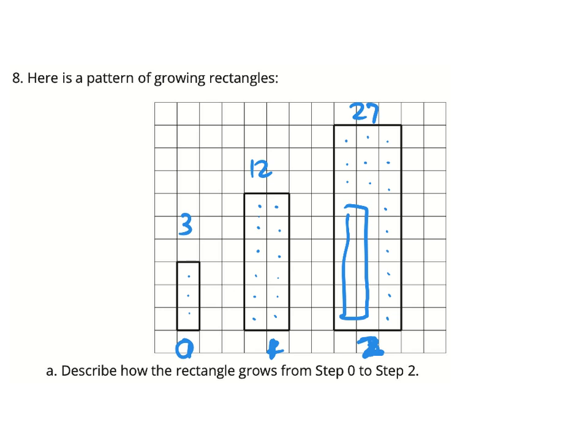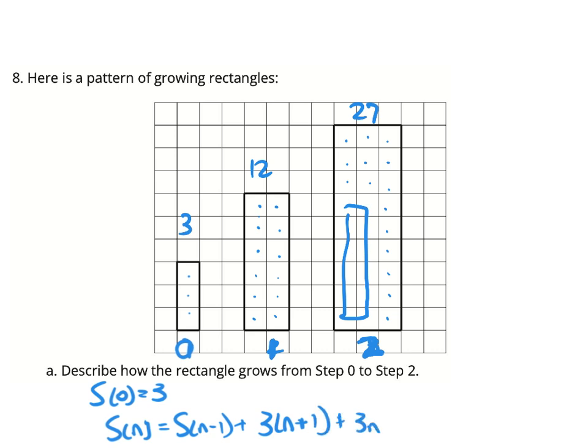So this one is a little different. All right, so S of 0 equals 3. Now, S of n recursively gets you the previous term plus 3 times n plus 1, plus 3n.